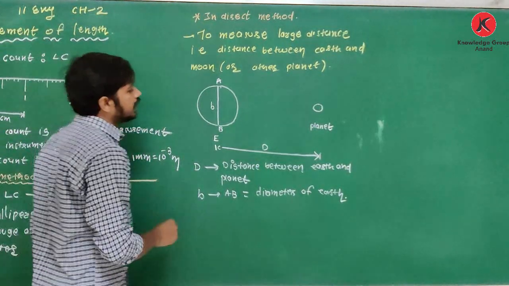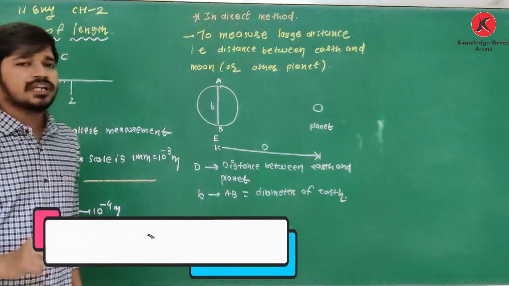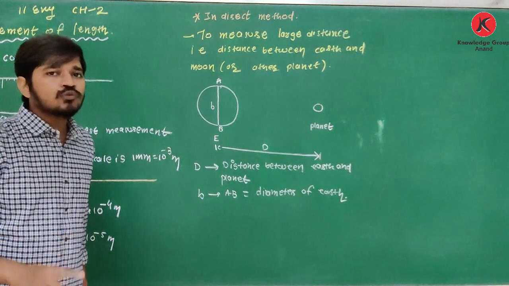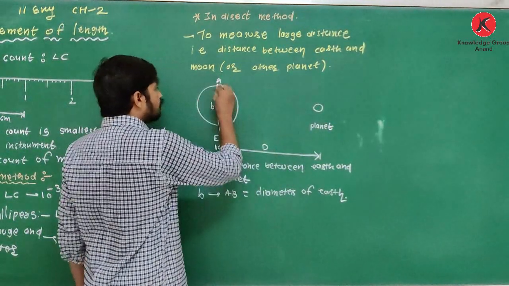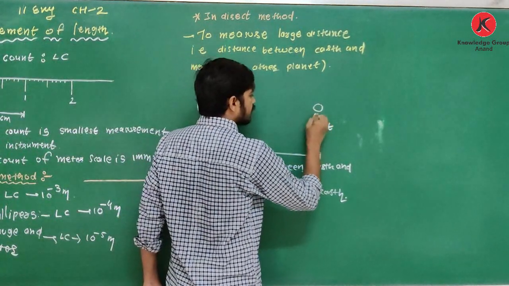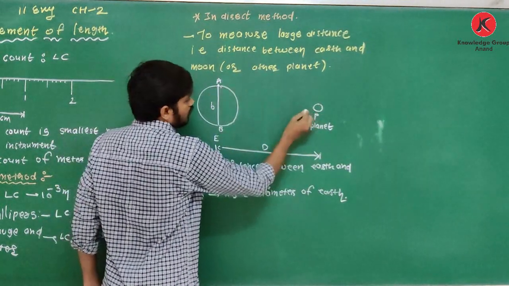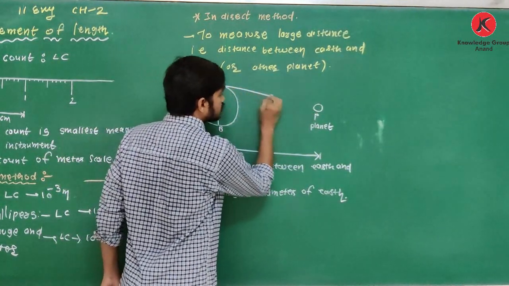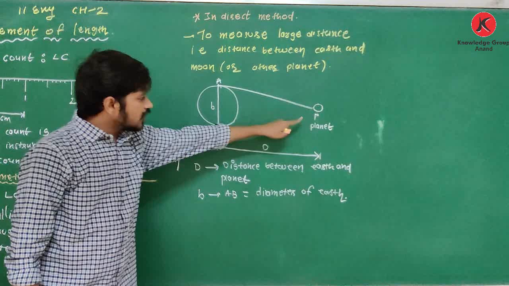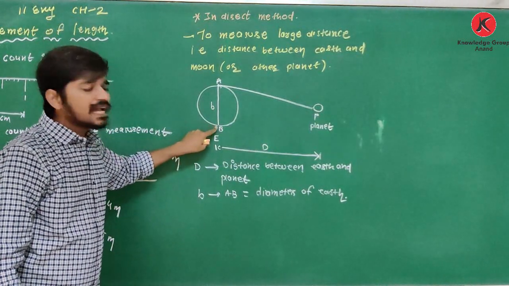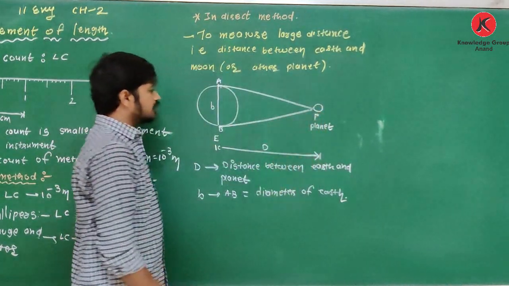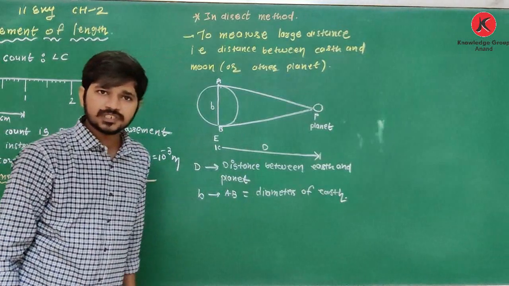Now, how to take readings, or how to measure the distance? First of all, you have to observe this planet from point A. If I denote this planet by P, then from this point you observe the planet, and it is observation line A. Then observe the same planet from the diametrically opposite end, that is B, so it becomes observation line B. Clear about this?